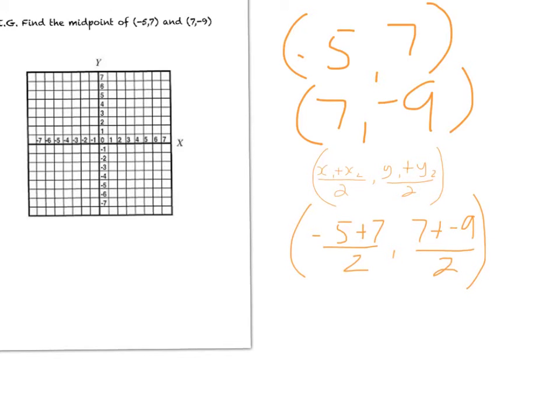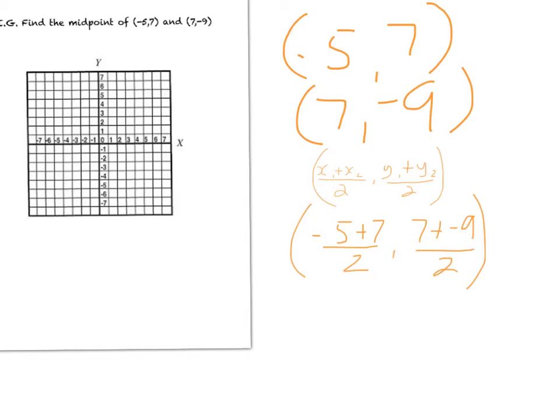Don't be confused by negatives and positive integers here. You can just use your integer rules for adding those. -5 plus 7 gives us 2. 2 over 2, comma. Now, 7 plus -9 is the same as saying 7 minus 9, because a positive and a negative together always makes a negative.